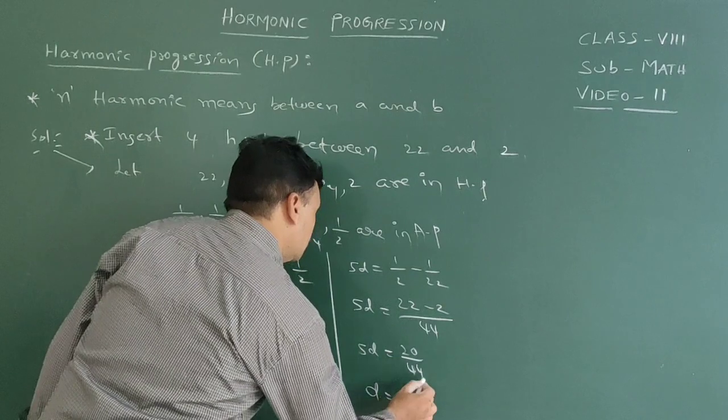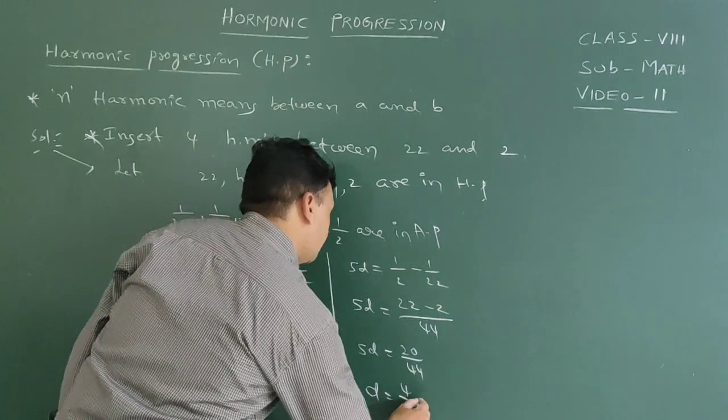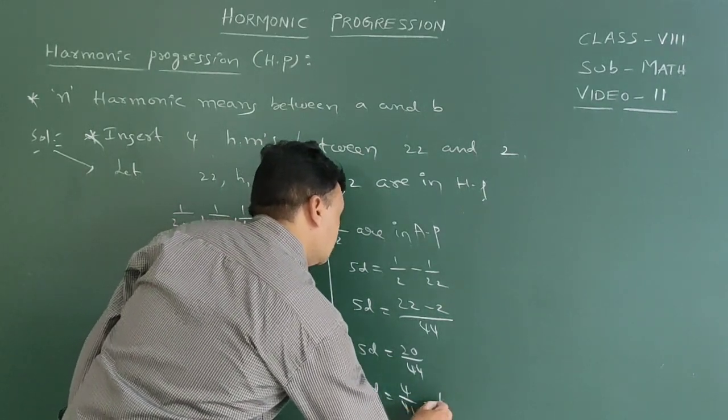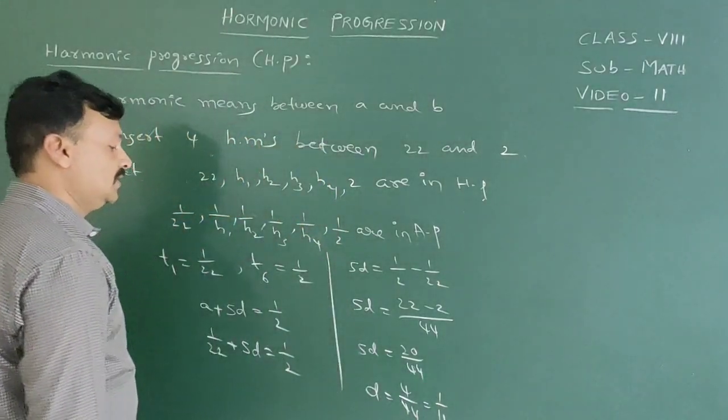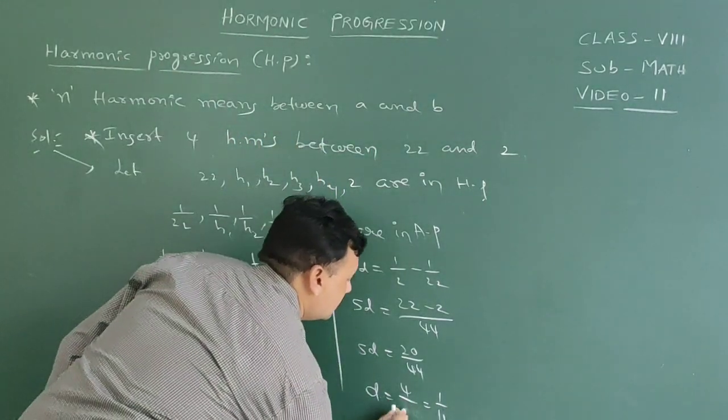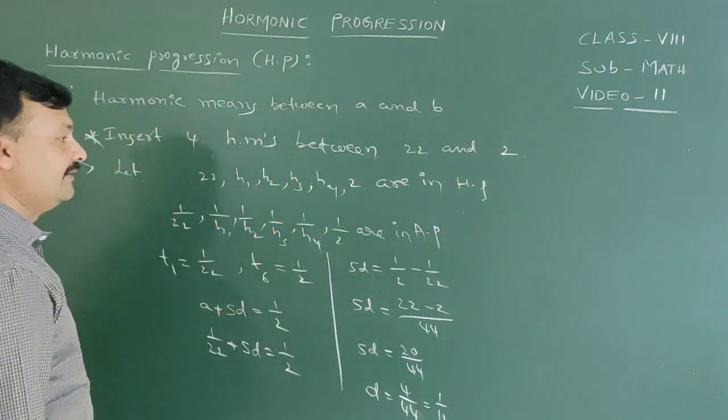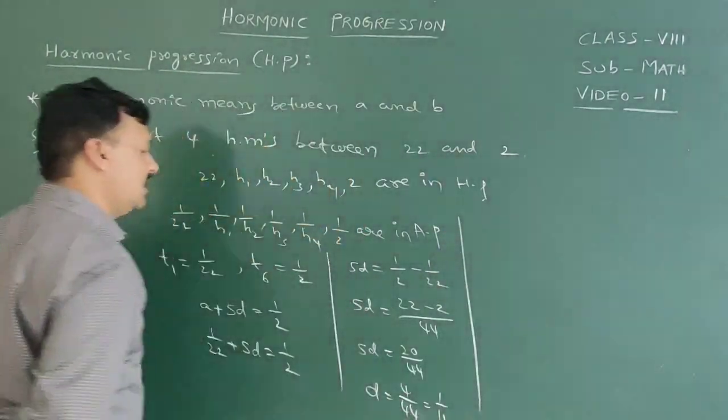D equal to 4 by 44, that is 1 by 11. 1 by 11 is the value of D.